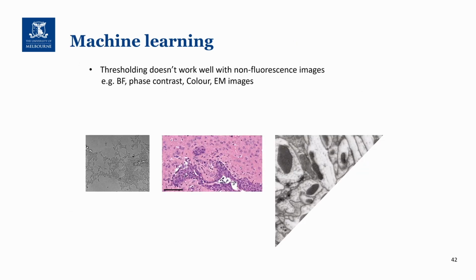Conventional thresholding works well with fluorescent images, but it doesn't work as well with bright field, phase contrast, or electron microscope images. For these types of images, we can use machine learning to do the segmentation. In this approach, the pixel segmentation is done by the users to annotate and categorize different pixel groups.